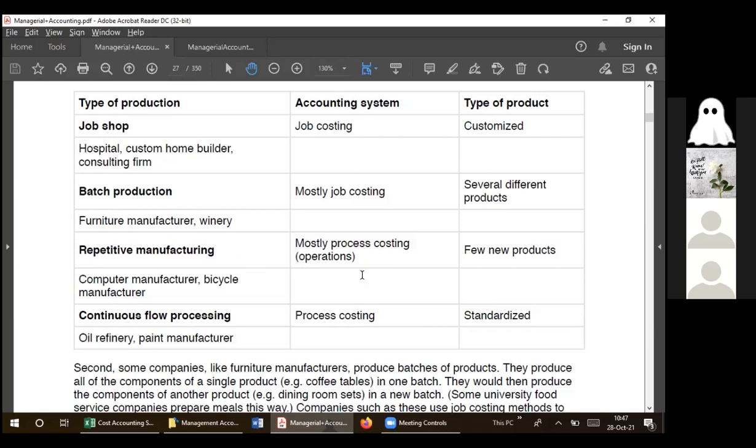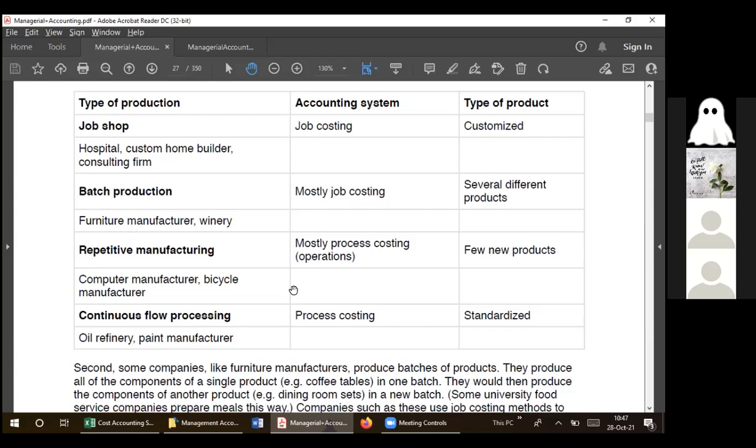Then the second two are process costing systems, which include repetitive manufacturing, the one we saw earlier. Repetitive manufacturing is where you have an assembly line, producing the same thing again and again. Examples are computer manufacturers and bicycle manufacturers.